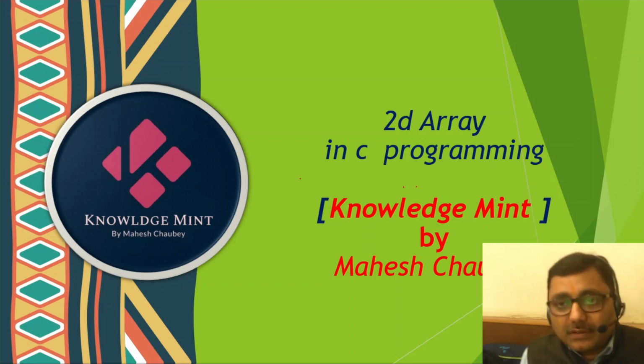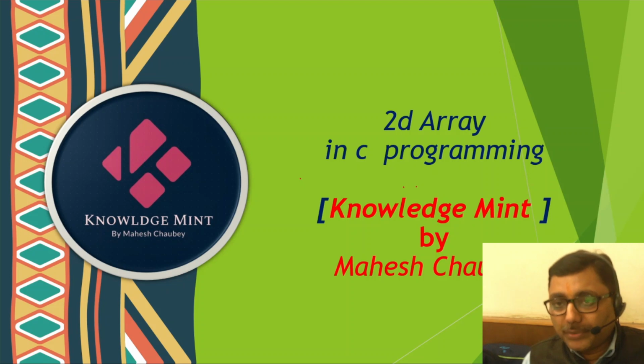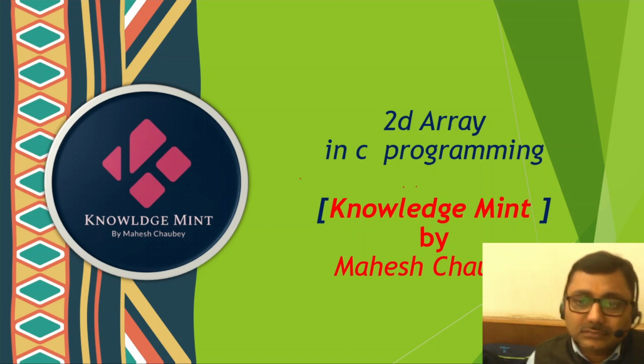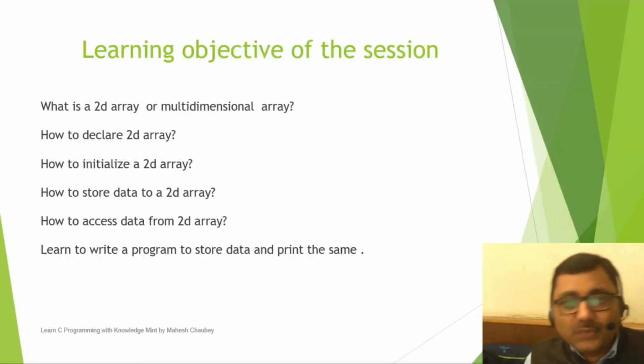So today we are going to discuss 2D array in C programming, where D means dimension. In this session we'll try to learn what is a 2D array, or you can say what is a multidimensional array.